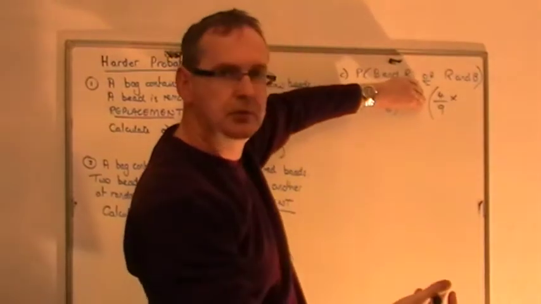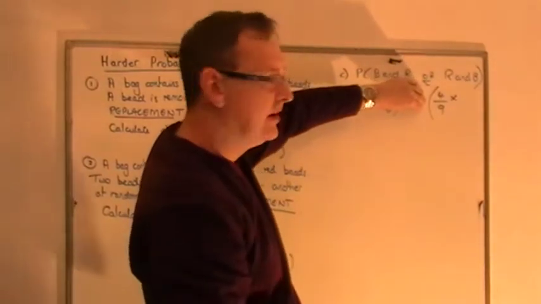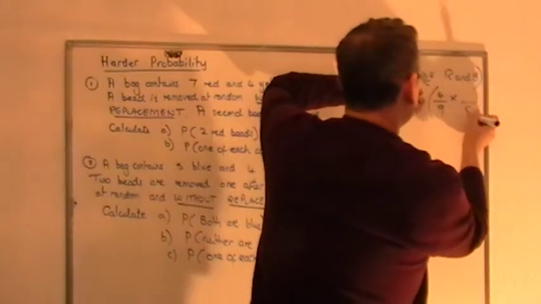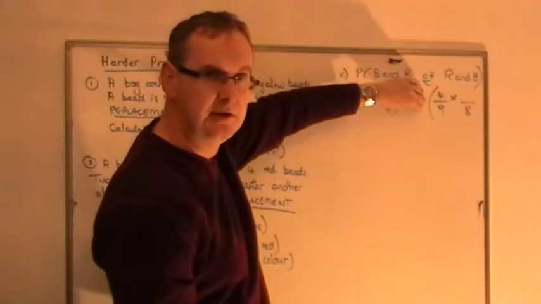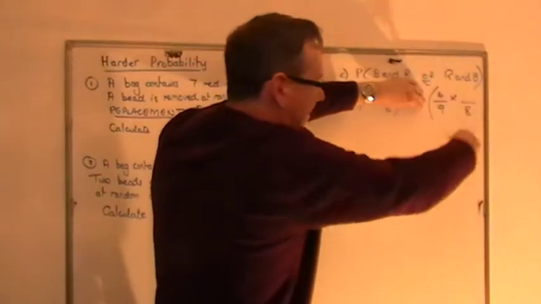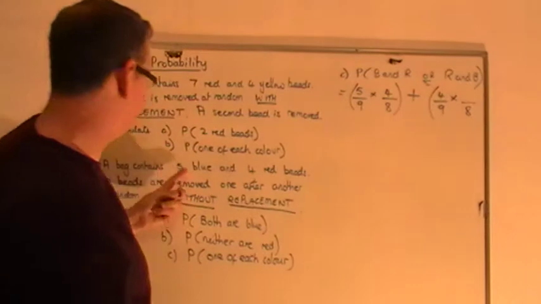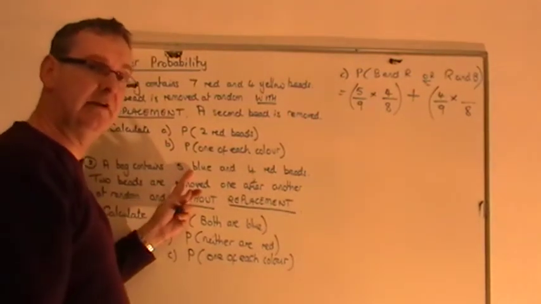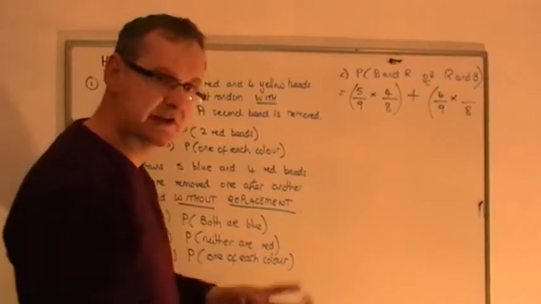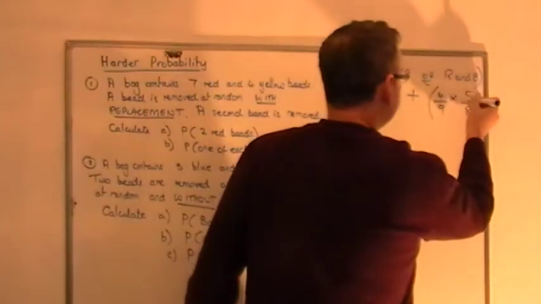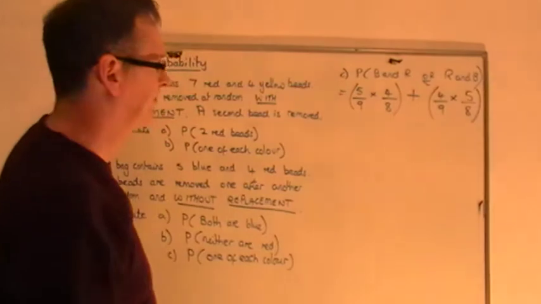Now, second pull. Well, there are only 8 beads left for the second pull out of the bag. And how many of them are blue? Well, the first one was red and that's gone. But there are still the original 5 blue that are in the bag. They haven't been changed, they haven't been taken away at all. So there's still 5 there. So that will be 5/8, like so.